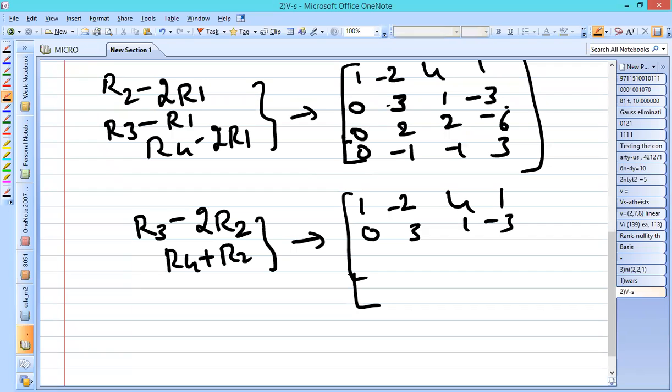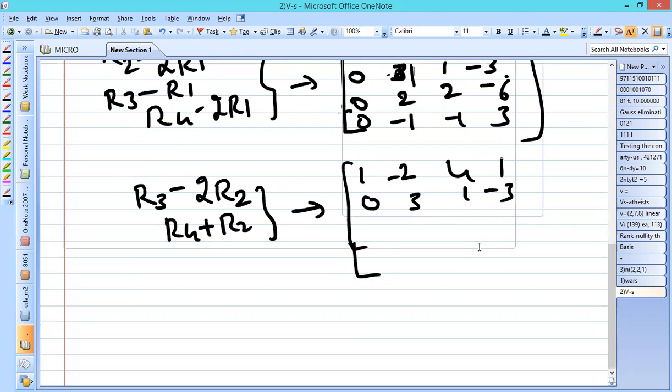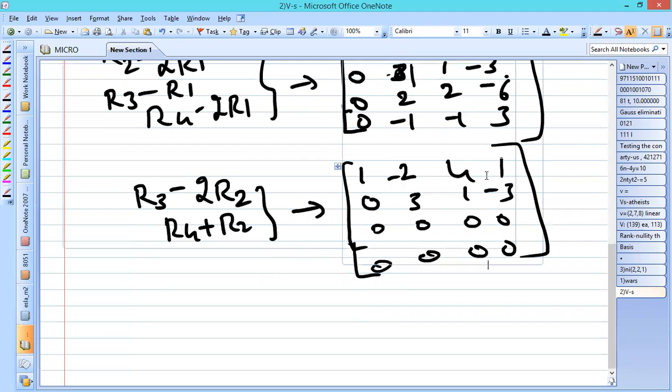A student says the second row should be 1. If anything goes wrong, the problem will be wrong. Next you will get 0, 0, 0, 0 in the last rows. Now you will get the answer.